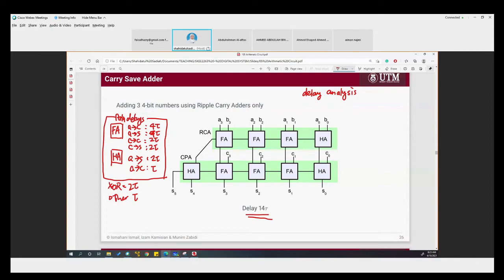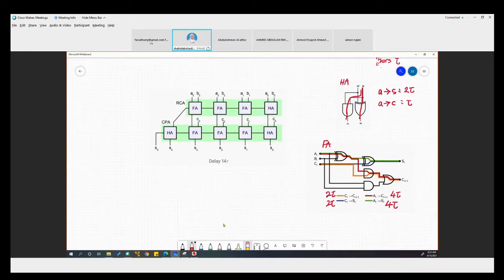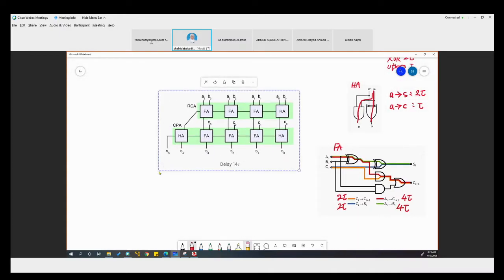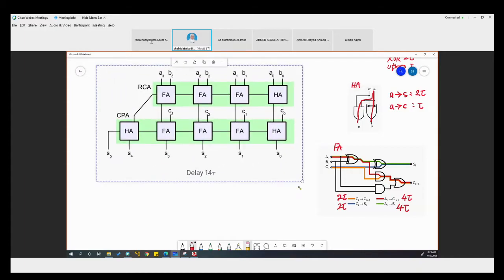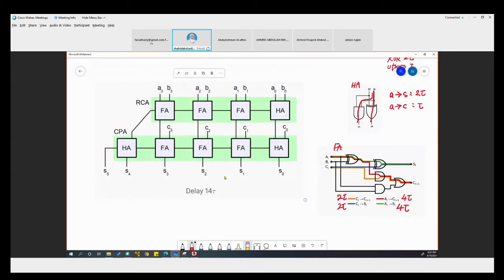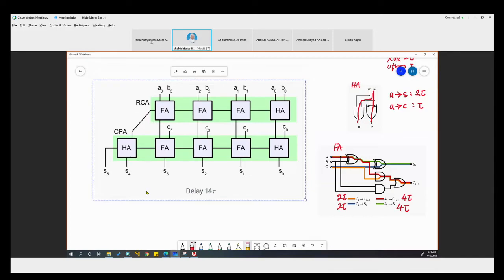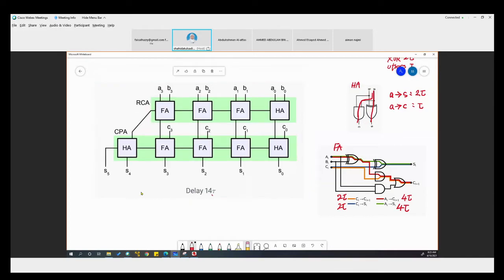Right. So let's do the analysis on how can we say the critical path delay or the longest path delay is 14 tau. This is the CPD, path delay. All right. So first, we have to check all the paths.